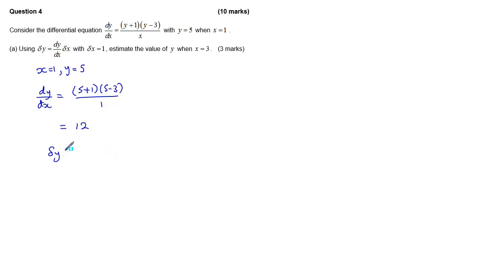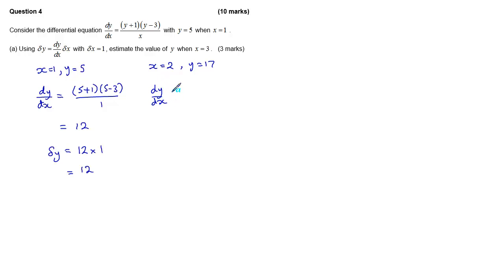So delta y is going to be dy/dx times delta x, which is 12. So when x is equal to 2, having taken this step, y must be equal to 17.